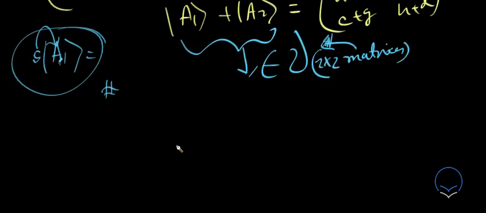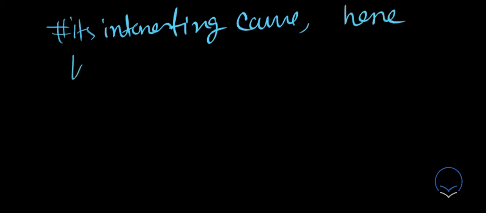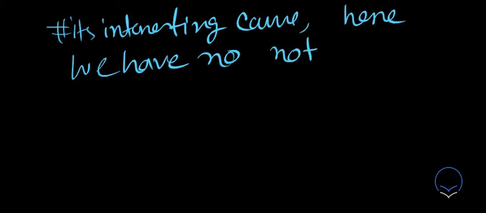So the reason this example of matrices is interesting is that here we have no notion of magnitude and direction, because those are matrices, right?